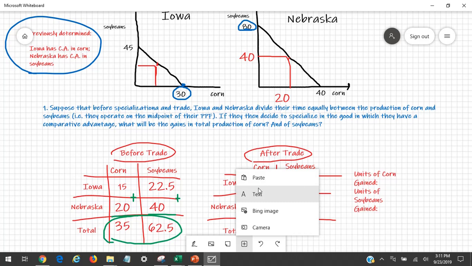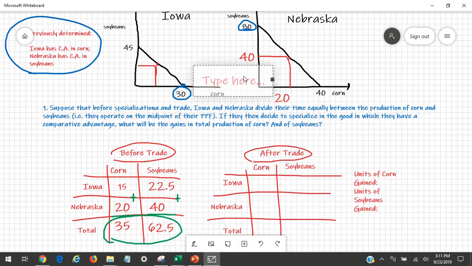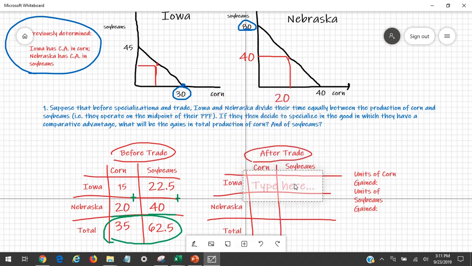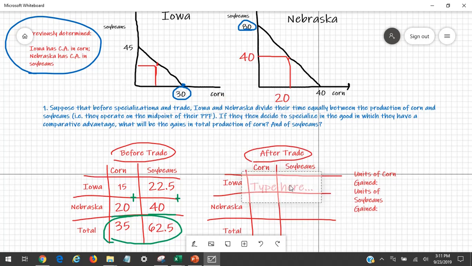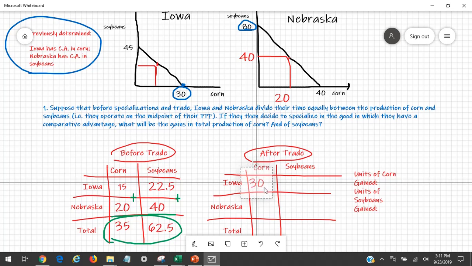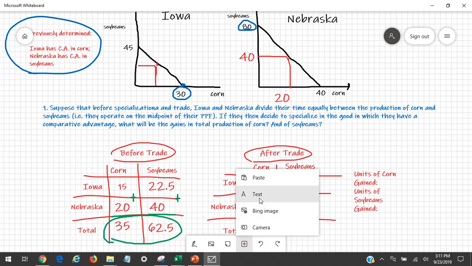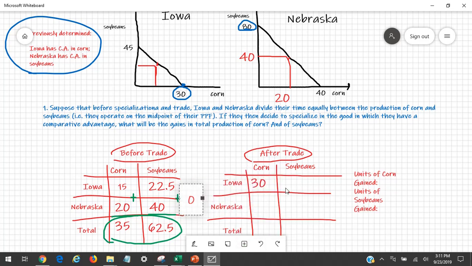So going down to my table, which shows after specialization and trade amounts, Iowa, again, is going to be making 30 bushels of corn. That's going to be 30. And they're not going to be making any bushels of soybeans, so I'm going to put a 0 in the soybeans box. 30 and 0.